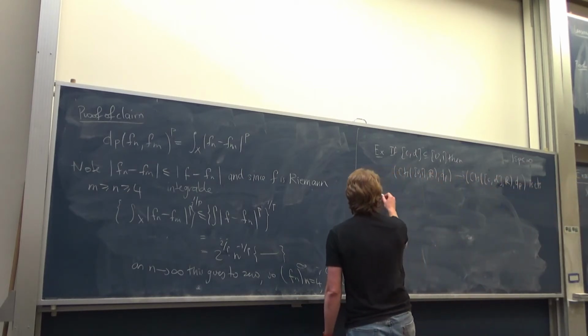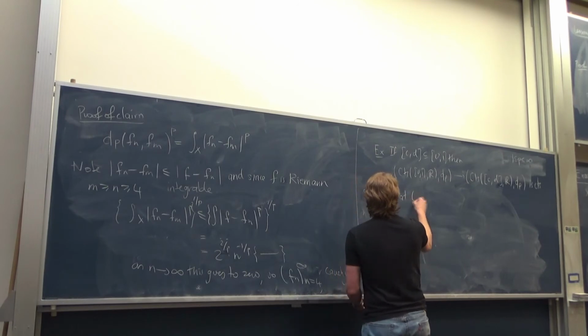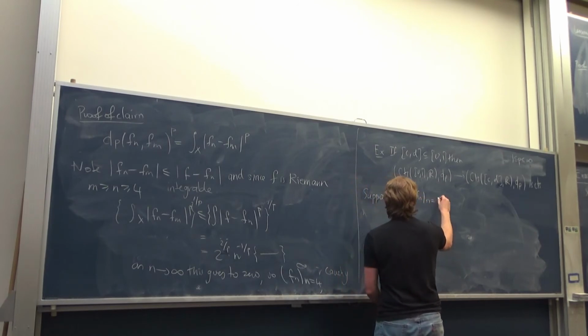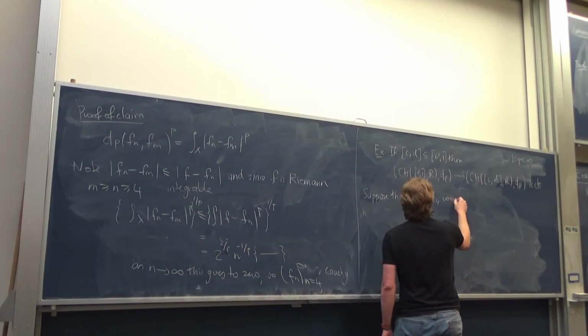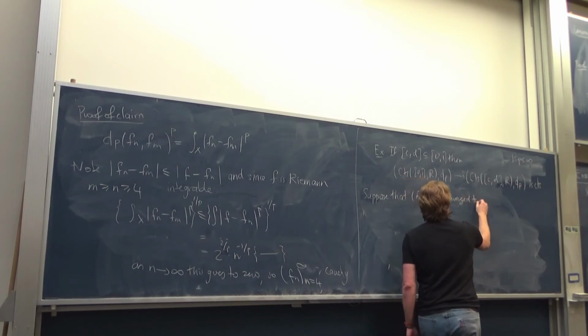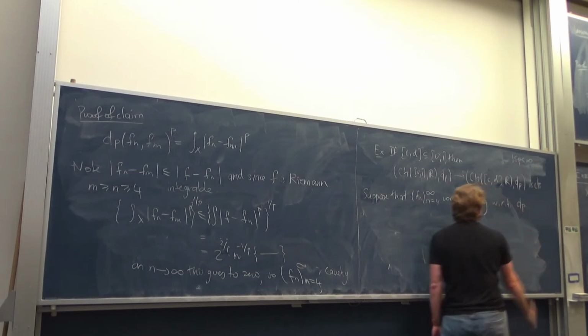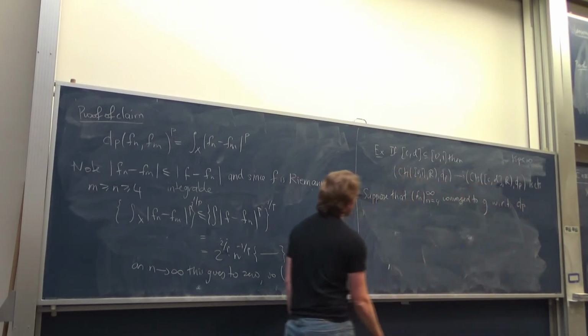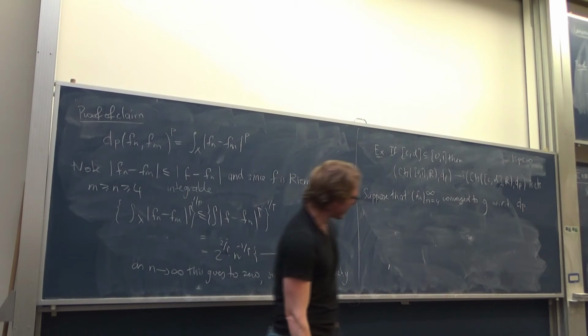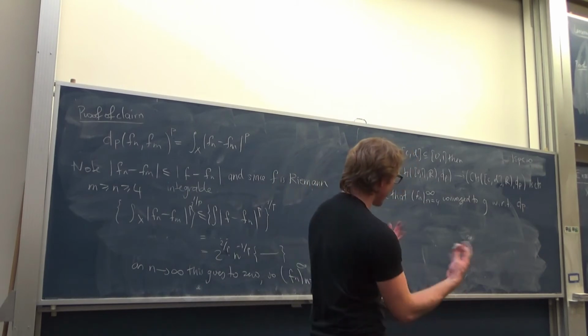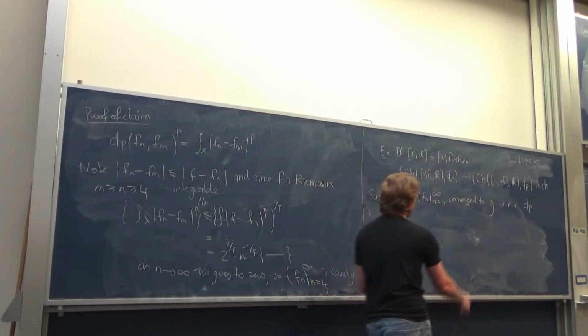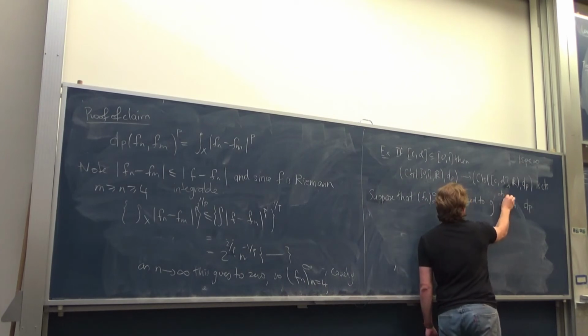So suppose, for a contradiction, that this sequence actually did converge to some continuous function with respect to dp. To say it converges is to say it converges to a point in my space, and my space is made up of continuous functions. So when I say this, I mean G is continuous.